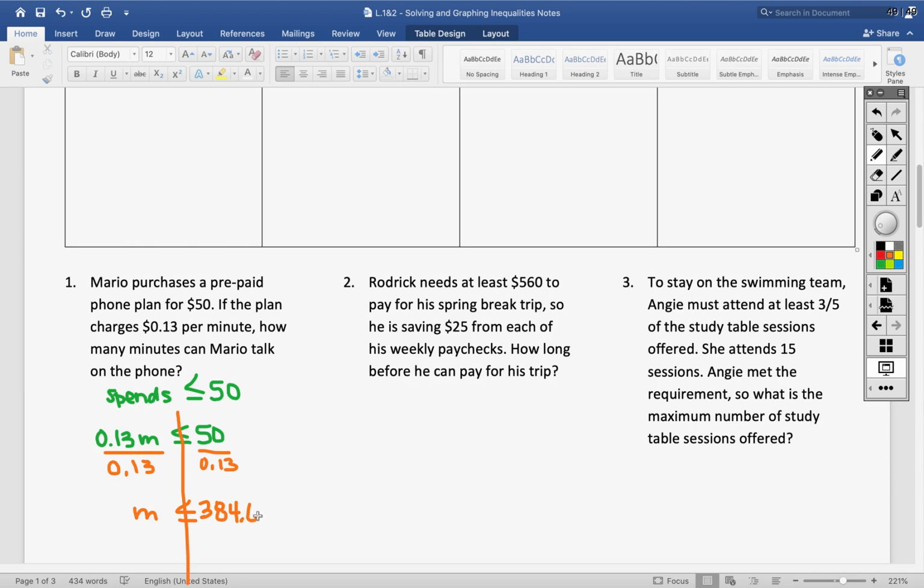384.6. So the last step in solving an inequality is interpreting it to make sure it makes sense. So the minutes have to be less than or equal to 384.6. So if you rounded this number up, you would go to 385.